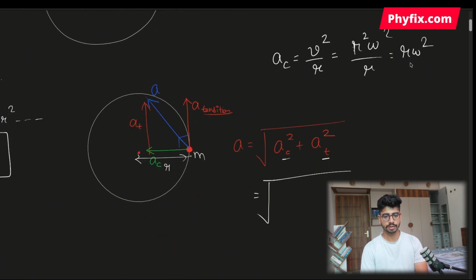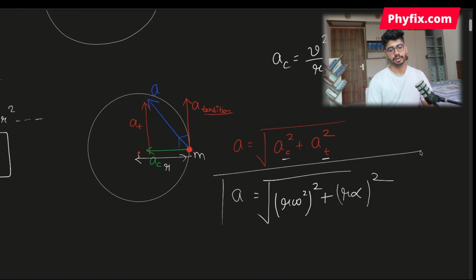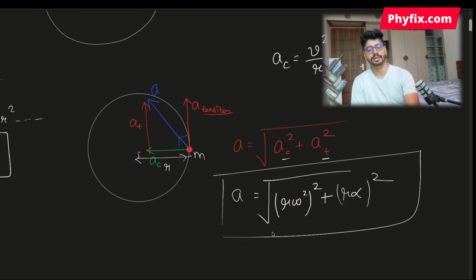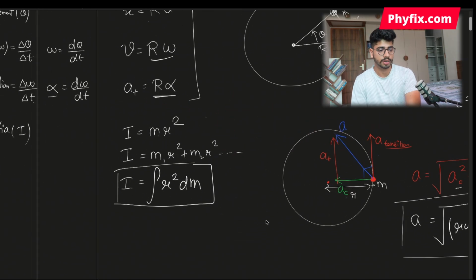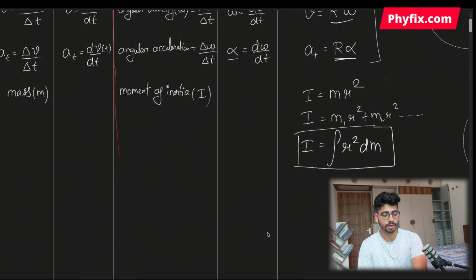This is the centripetal acceleration. Plus the tangential acceleration, which is r alpha. The r is the same, so do not get confused between the small r and the bigger r. So this is the acceleration that we have: the tangential acceleration and the centripetal acceleration. This is how things are going to work.